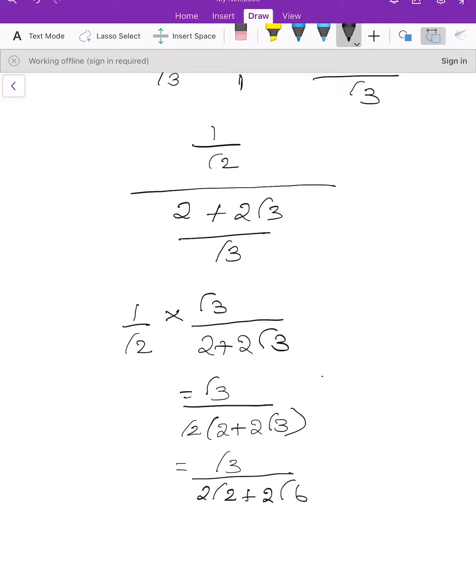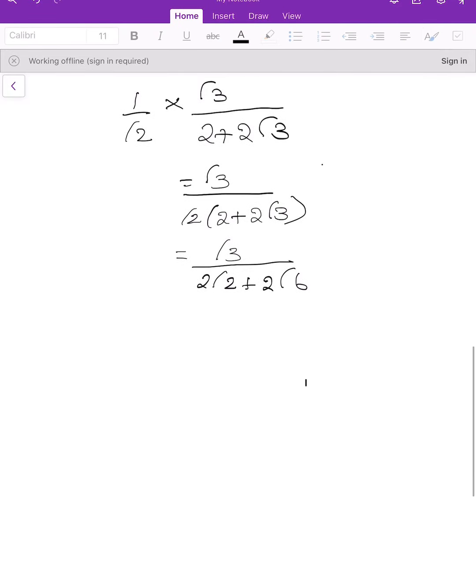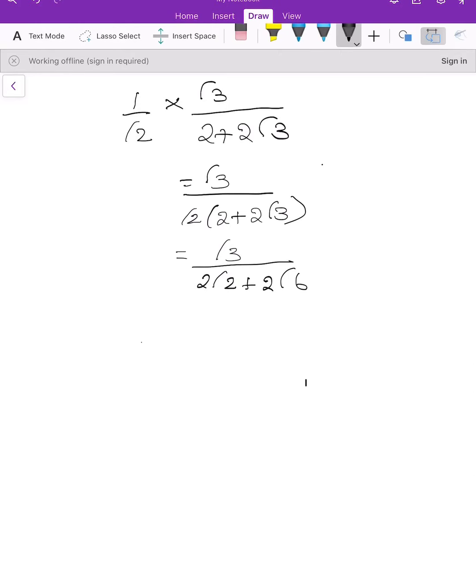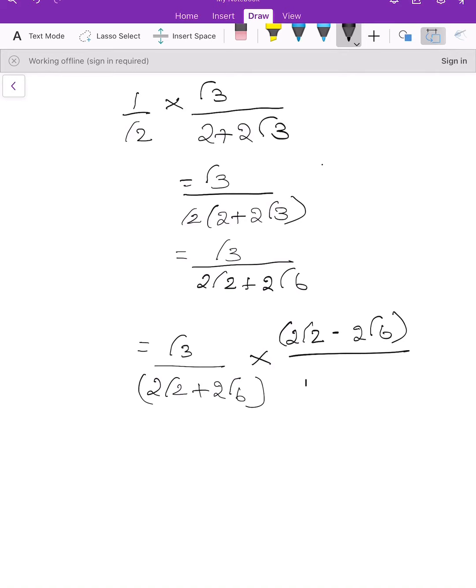I can stop here, but because my denominator has root numbers, I'll try to conjugate. Conjugate is nothing but I'll write root 3 by 2 root 2 plus 2 root 6, and multiply by 2 root 2 minus 2 root 6 by 2 root 2 minus 2 root 6.